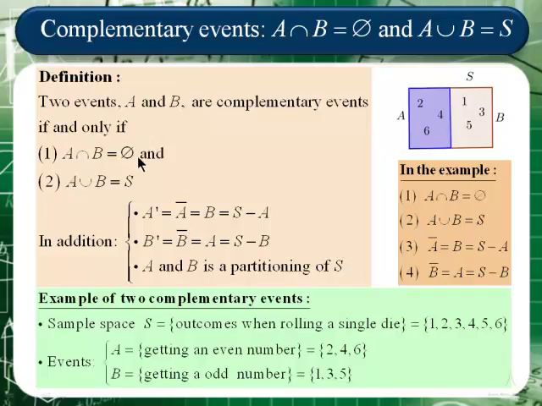Right, so therefore they must be complementary. And we can also check the additional information. The complement of A is definitely B, or S minus A, and the complement of B is A, or S minus B.